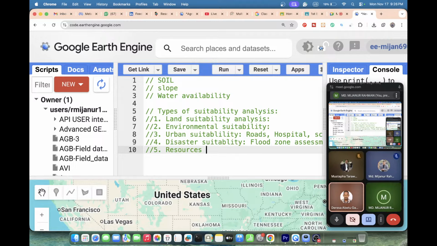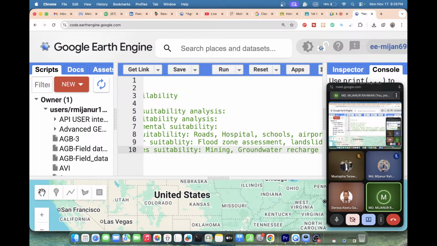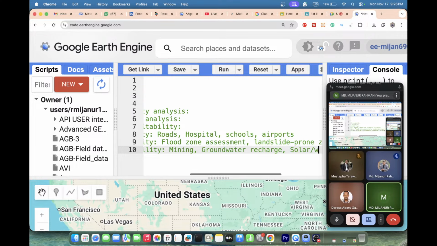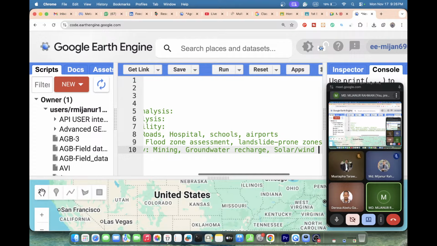Resource suitability. In resource suitability we can identify a lot of things, for example mining suitability areas, groundwater resources, or solar or wind farm suitability.